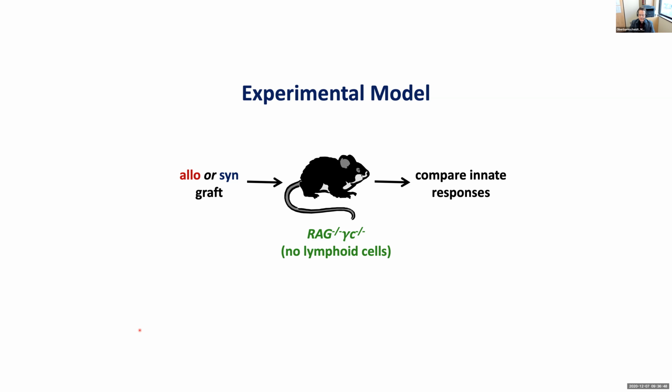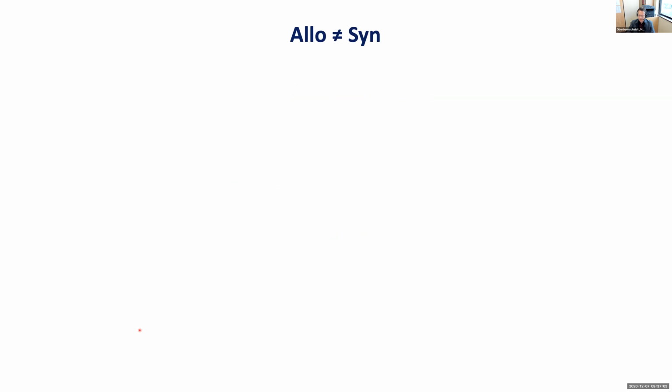The only difference is danger, which should happen via a surgical procedure, or microbial contamination. It should happen with both allogeneic grafts and syngeneic grafts. When we performed this experiment, we found that the allo response does not equal the syngeneic response.